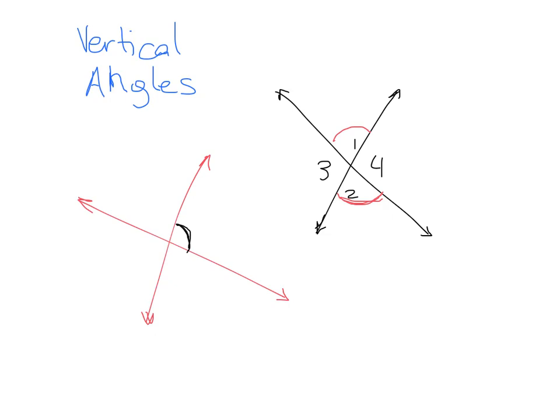So the only other angle not next to it is over here, and that's what makes it vertical. So I call it the X angle. As you can see here, it kind of looks like an X, and the top and bottom of your X would be vertical, so would the left and the right of your X.